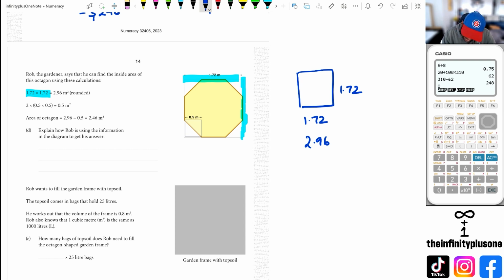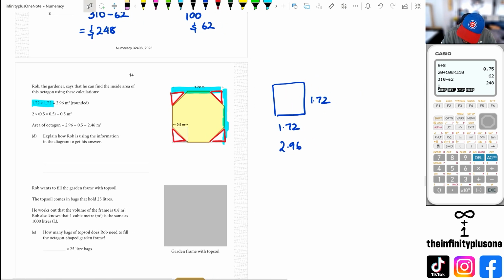The reason that he has done that is because he has literally taken these 4 triangles. There's triangle 1, triangle 2, triangle 3, triangle 4, and he's combined them as 2 little squares. The first and second triangles are there, the third and fourth triangles are there.